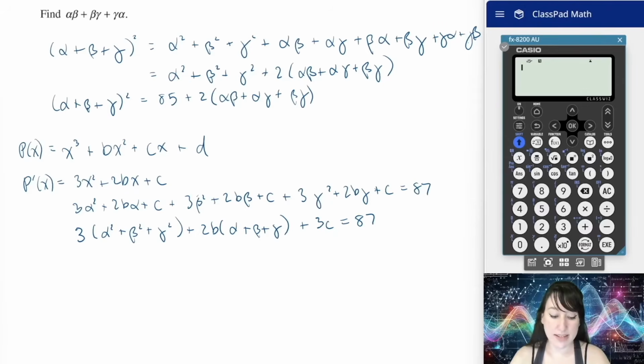This gives us that 3 times alpha squared plus beta squared plus gamma squared plus 2b times the sum of alpha, beta, and gamma plus 3c is equal to 87. Now, we know what alpha squared plus beta squared plus gamma squared equals. That's 85.